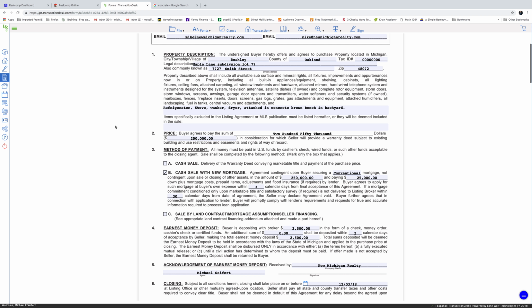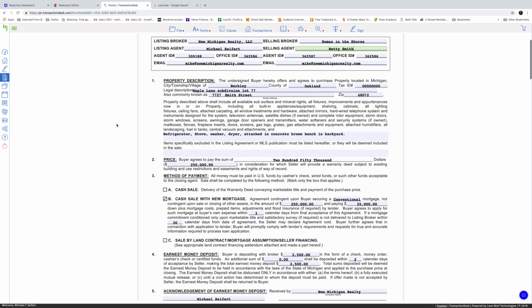So let's go to the property description. The undersigned buyer hereby offers and agrees to purchase property located in Michigan, City, Township, Village of, and we're using the city of Berkeley as an example, County of Oakland. The tax ID number is an ID number with the county and the city, indicating exactly which parcel it is.